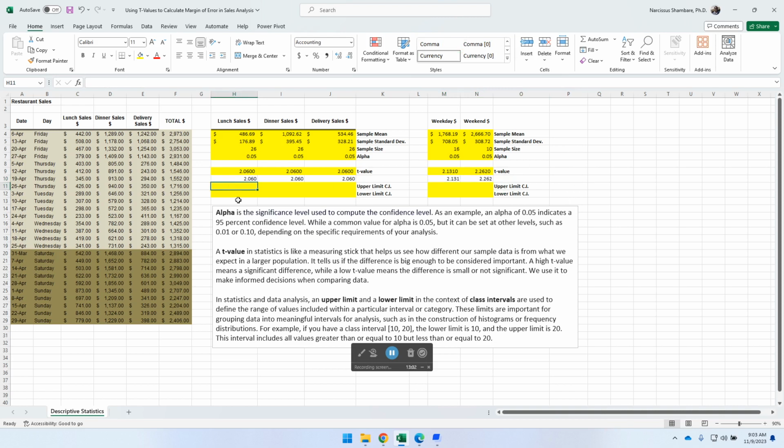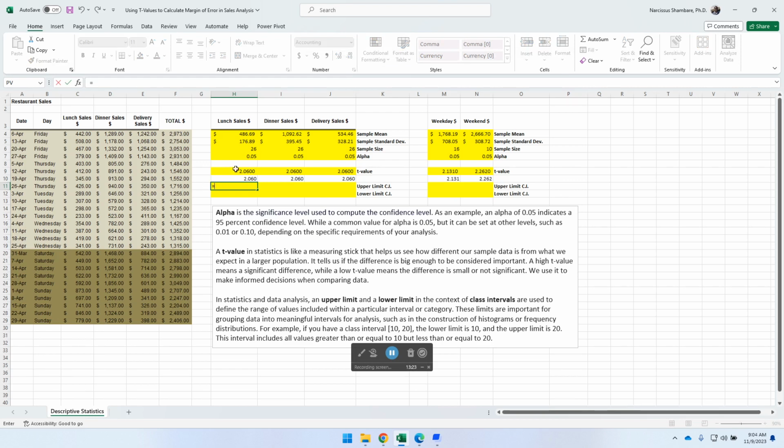Right, now that we've got our t-value, it's time for us to calculate the upper limit. So we can calculate the formula for the upper limit once and the lower limit once, and then we can copy that across. All right, so let's see here. Unfortunately, Excel does not have a function that is inbuilt. So we actually have to figure out what the formula is supposed to be.